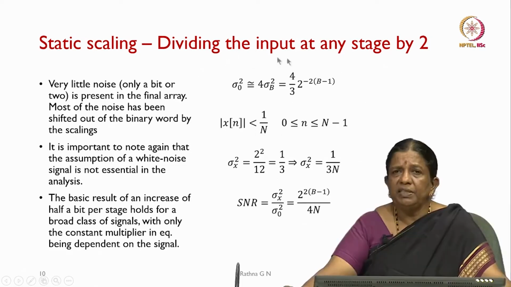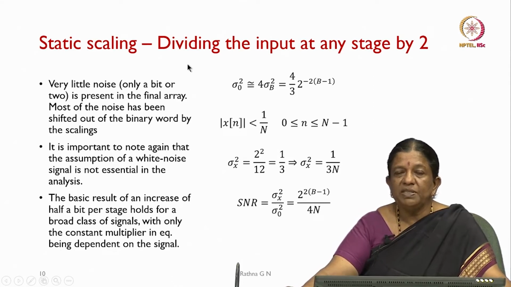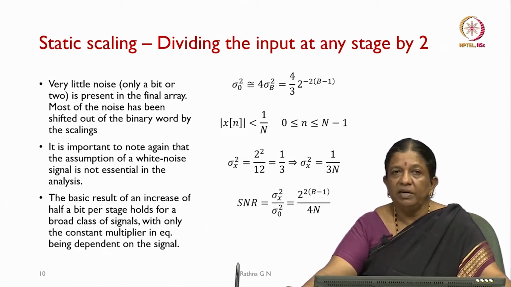Now, if we divide the input at any stage by 2, what is going to happen? There should be a trigger in your mind, because the reason we divide by 2 is that we have a barrel shifter.